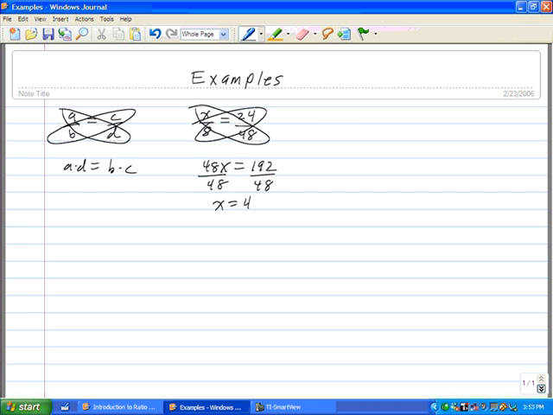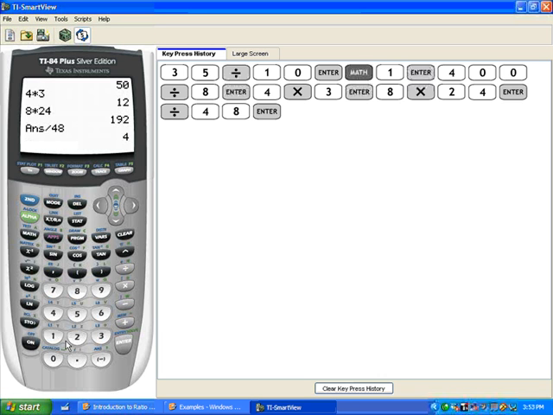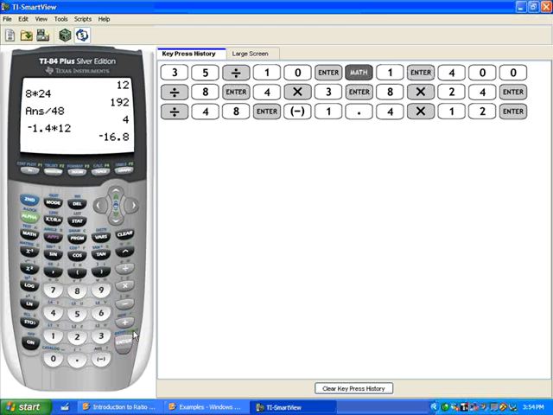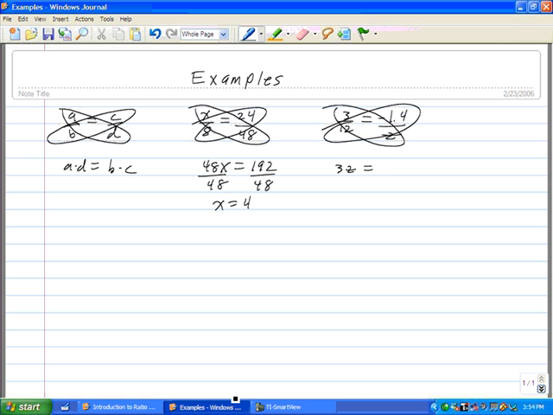If I had 3 over 12 equaling negative 1.4 over z, the first cross multiplication would be the one that catches the variable. The second one would be the one with the two constants, and I'll take negative 1.4 times 12, and I get negative 16.8.